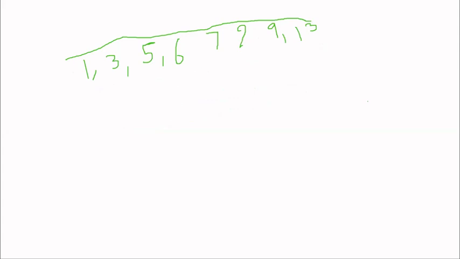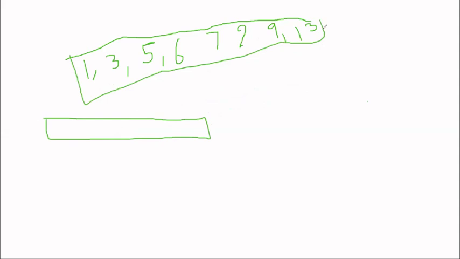So let's say I have another stack, I'll call it my temp stack, and 1, 3, 5, 6, and 13, all the elements are there in the main stack. Our temporary stack is right now empty.